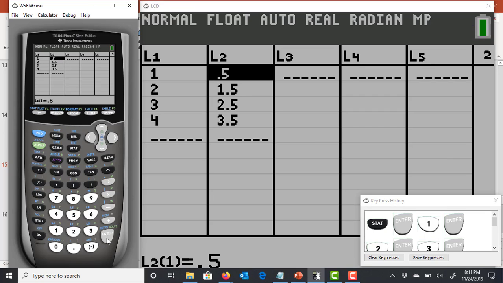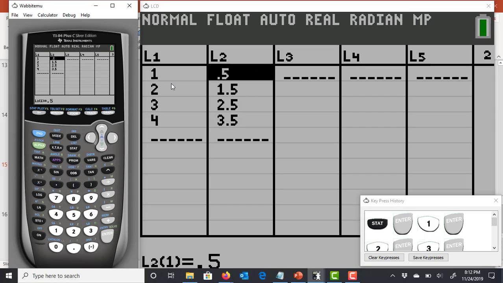And then by hitting enter, it automatically does that for us. Again, we could type that in manually, but this is a way to do it quicker, especially if you have a lot of rectangles. But these are those midpoints that we want to evaluate the function at.